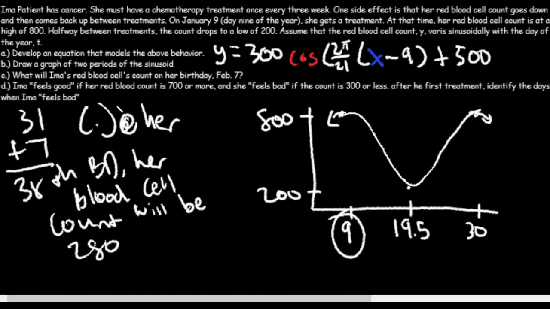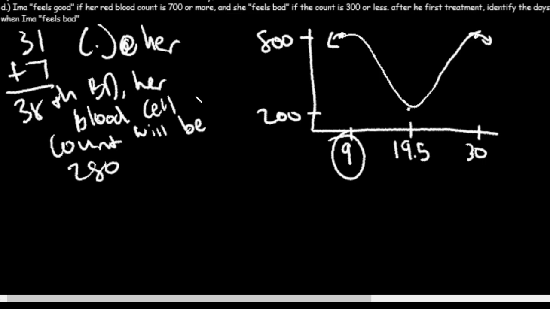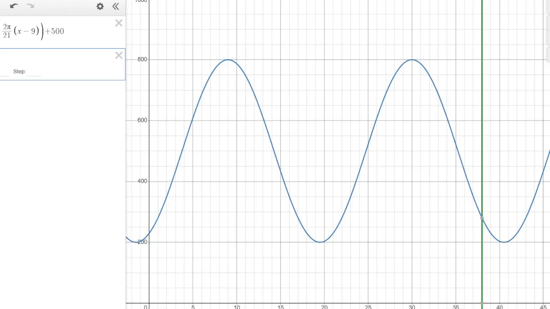Amma feels good if her red blood cell count is 700 or more. She feels bad if the count is 300 or less. After her first treatment, identify the days when Amma feels good and when Amma feels bad. So from there we can switch to Desmos. We're looking for days where she feels bad, so just like an interval.